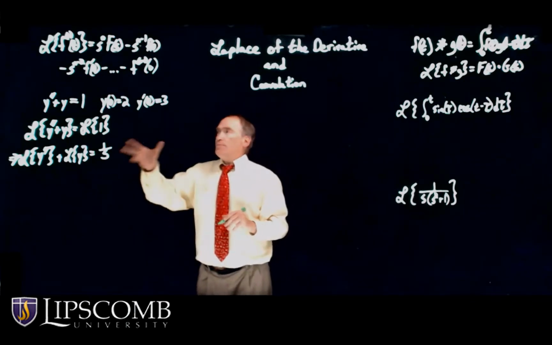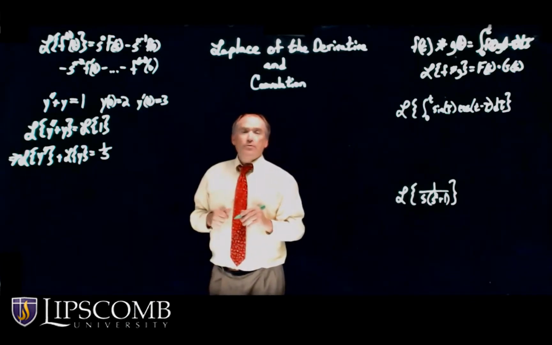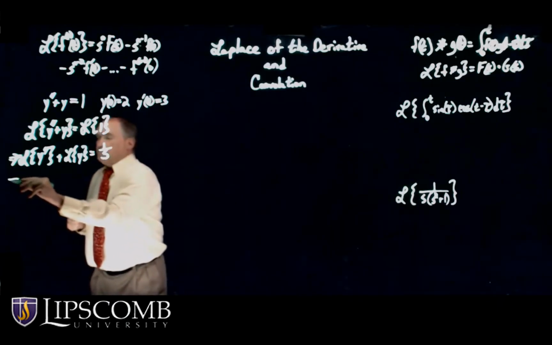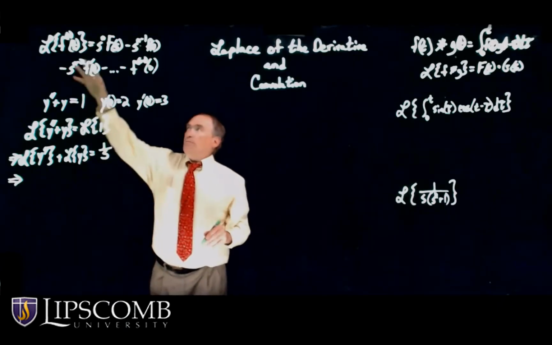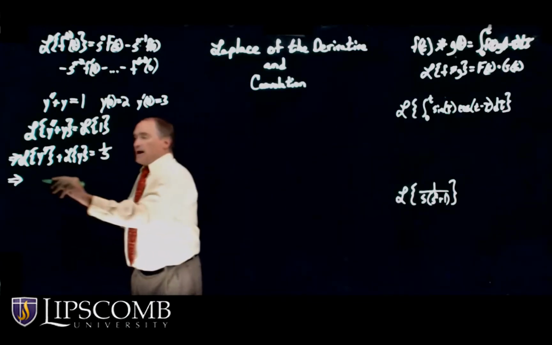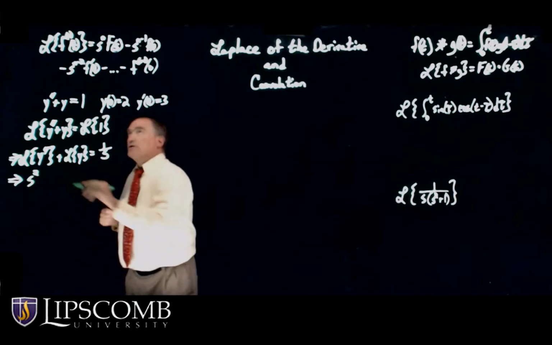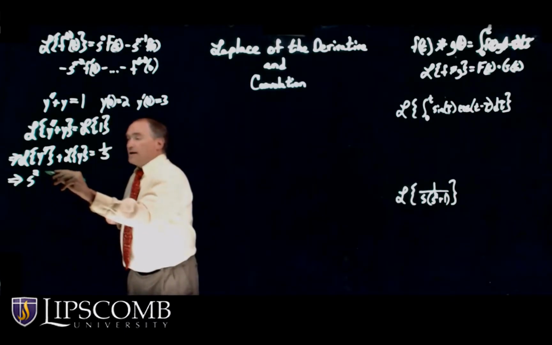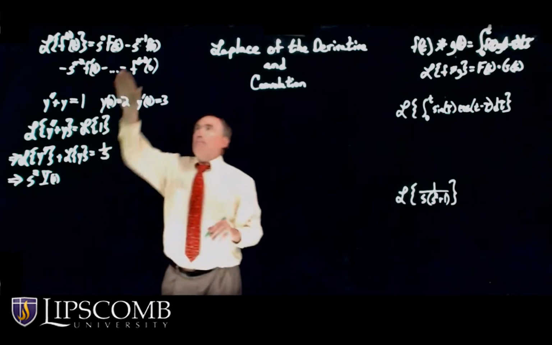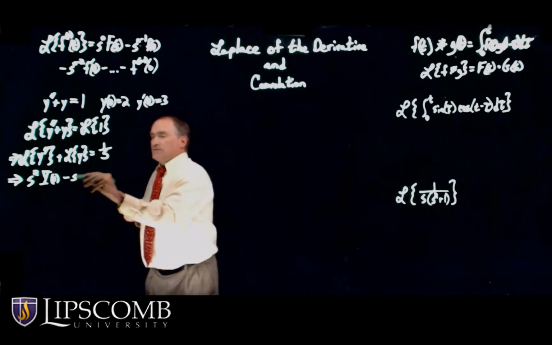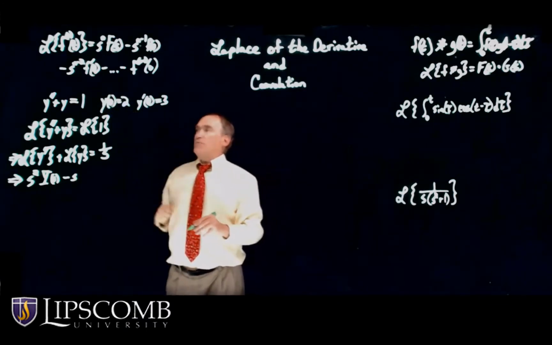Now, let's apply this formula for the Laplace of the derivative. So the Laplace of y double prime, well, n is 2 in this case. So what would I get? I would get s squared, because n is 2, times the Laplace of y, I'll do a capital Y of s, minus s times y of 0.